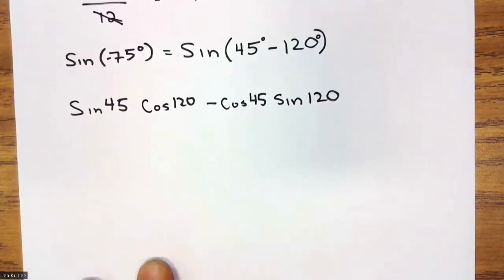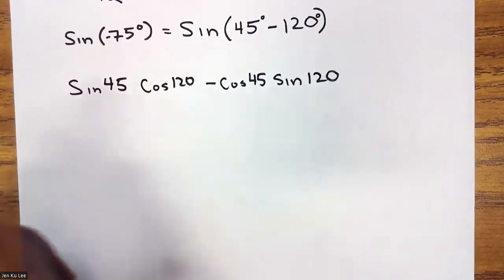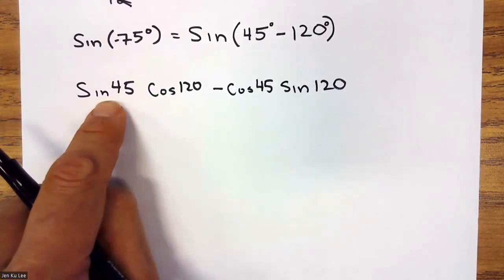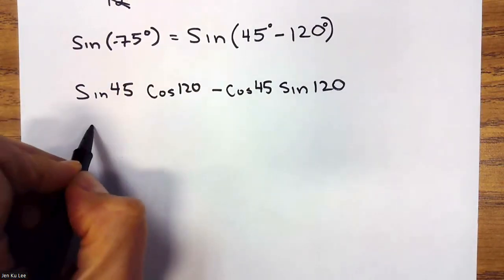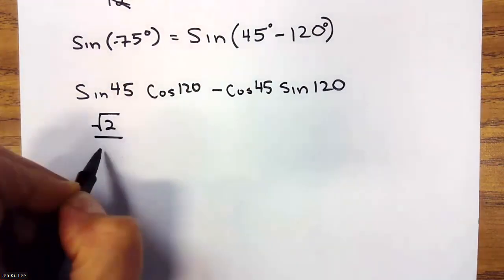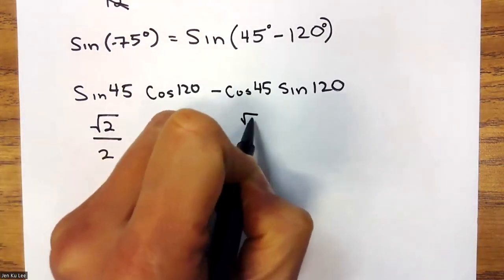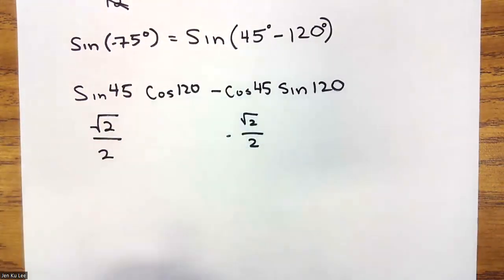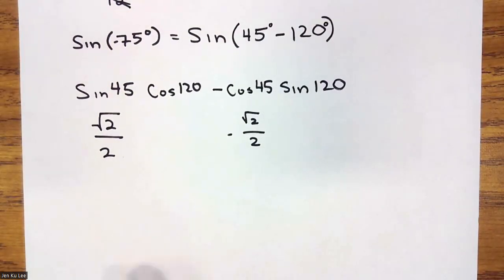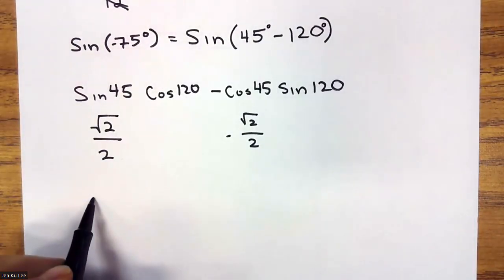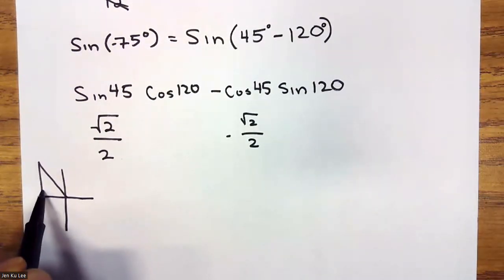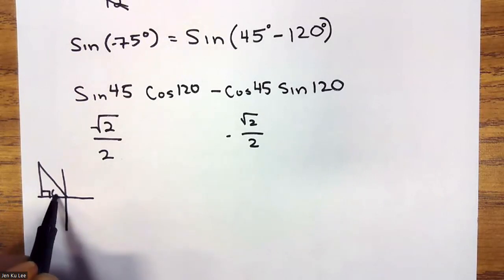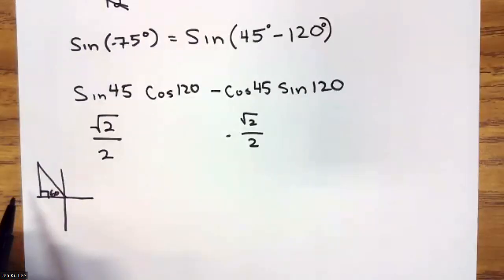By now, we should have memorized what the sine of 45 and the cosine of 45 is. If you did not, then go ahead and do that triangle. Of 120, we can see that 120 has a 60-degree reference angle in our second quadrant.